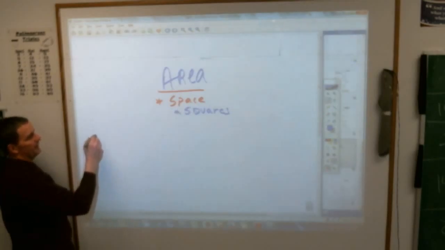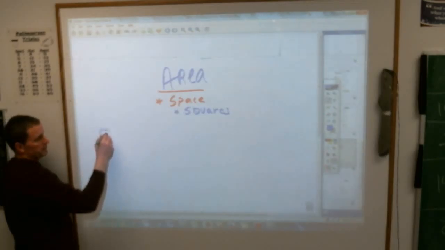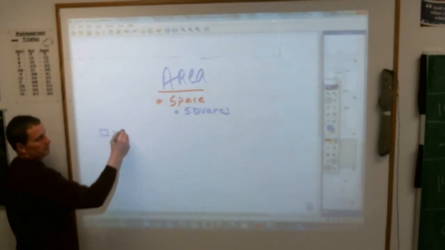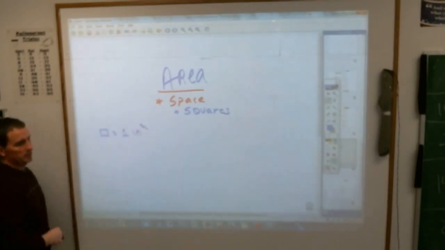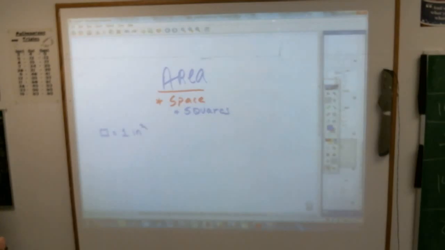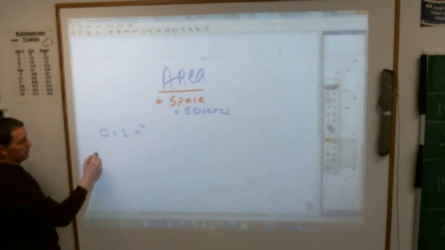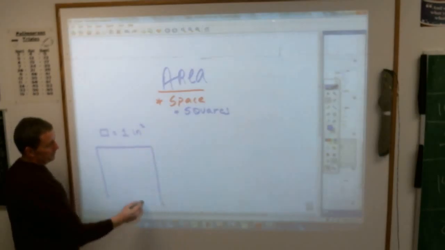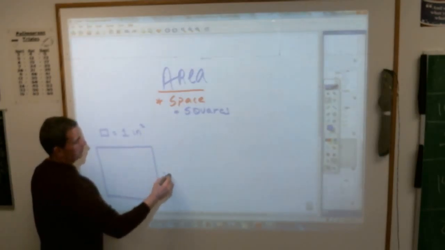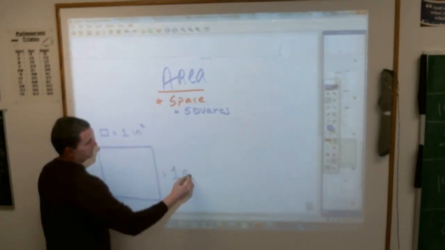For example, a square inch is about this big right here. 1 inch squared, and put that little 2 up there. It's a quick way to write a square inch. That's a little bigger than a square inch. But a square foot would be a foot by a foot. That's about 1 foot squared.